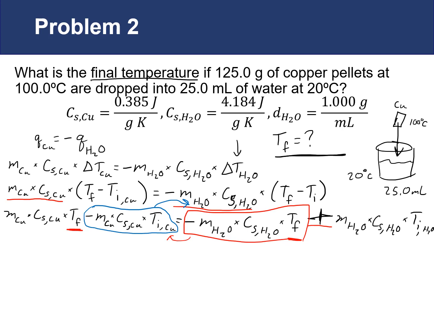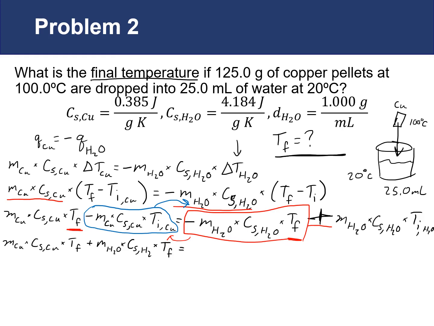So that would give us mass of copper times the specific heat capacity of copper times the final temperature plus the mass of water times the specific heat capacity of water times the final temperature.